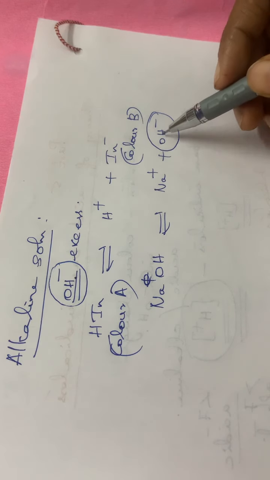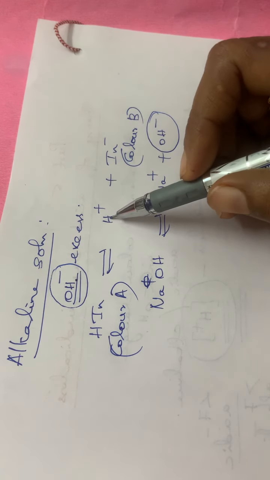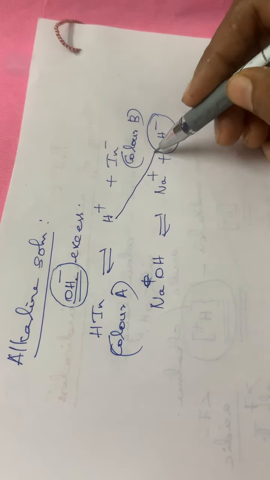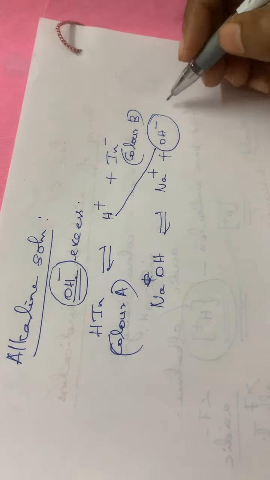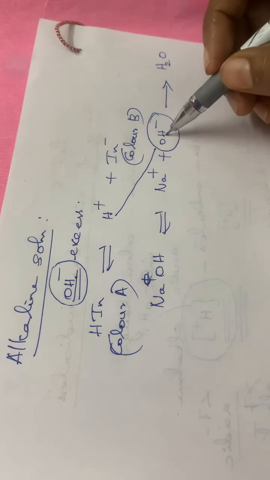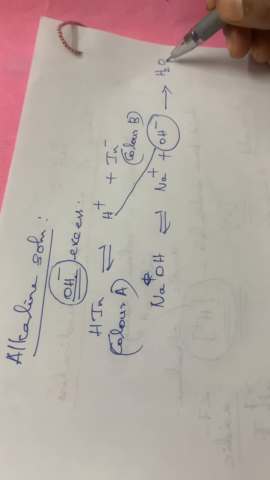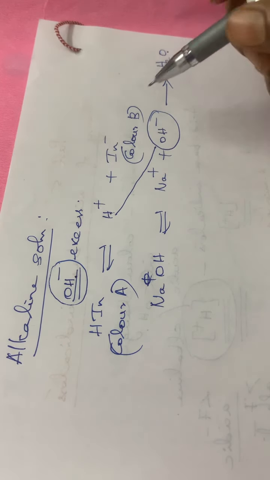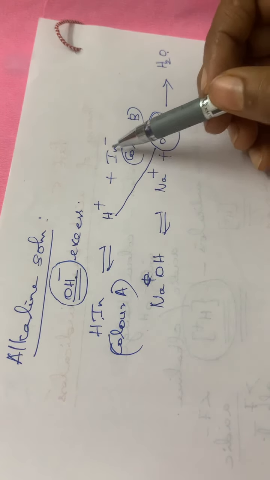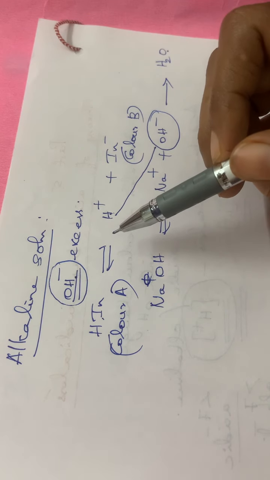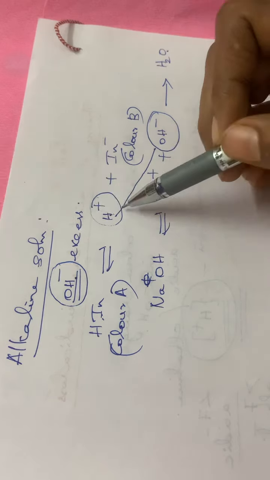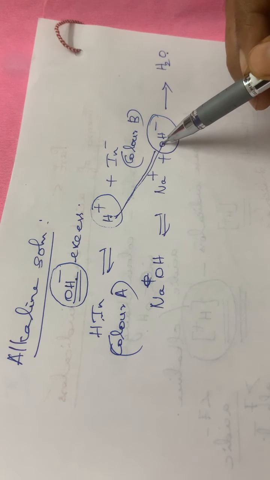This OH minus will be combining with the H plus ions present in the indicator, and it will be removed as water. So more of this indicator HIN will be ionized in order to keep this equilibrium constant. More of HIN will be ionized so that more H plus will be released, and again the released H plus will be combining with this OH minus.